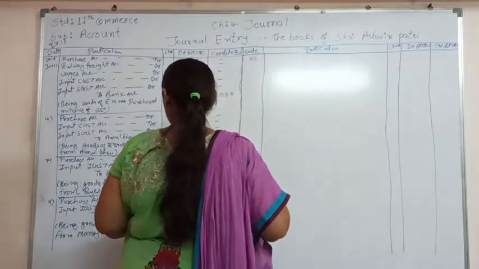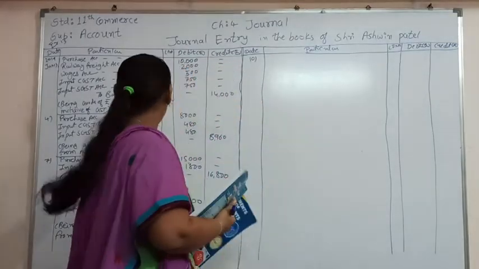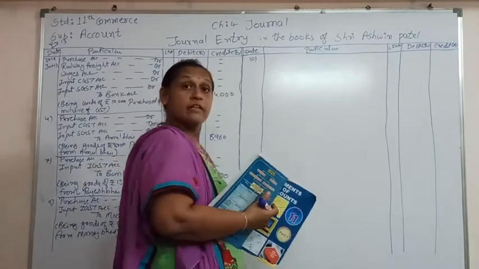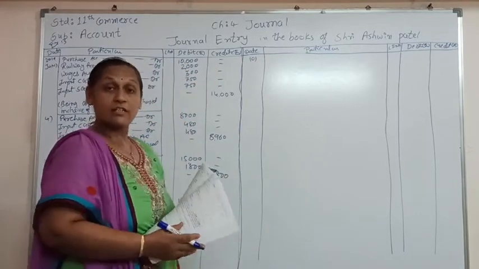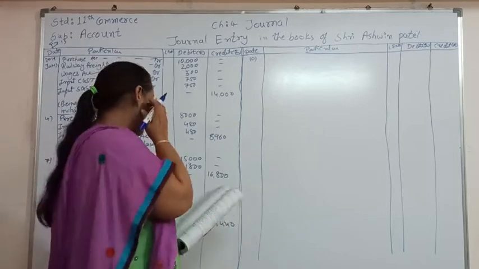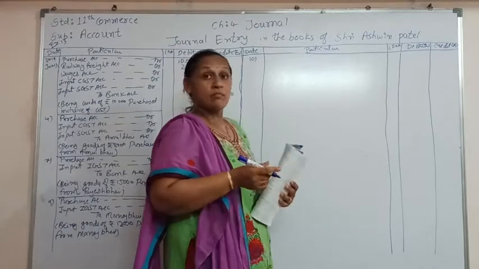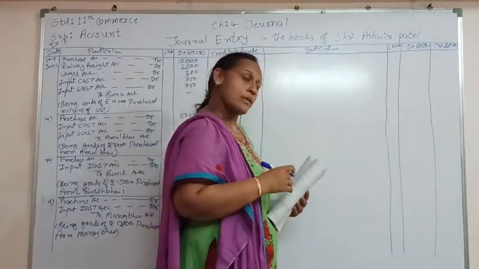Here we have purchased goods from Amul Bhai, that goods we have returned him back. So it is a purchase return. For purchase return, Amul Bhai account is going to be debit and purchase return account is going to be credit. And here input CGST, input SGST account also is going to be credit.